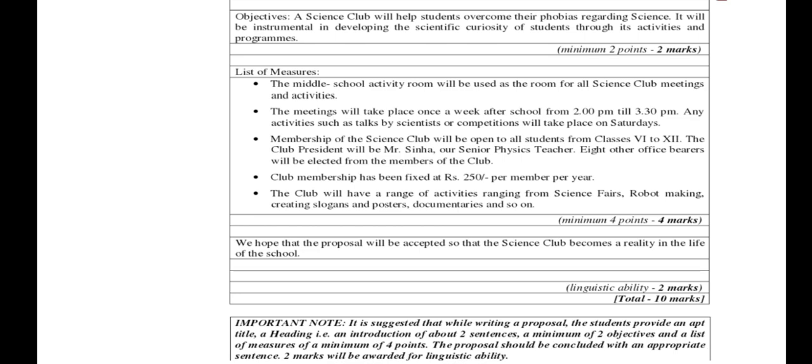Science is very tough, with a lot of calculations, chemical equations and diagrams. So to overcome that phobia, we are developing this interesting science club so that children can take science as an interesting subject. This again would be 2 points maximum and 2 marks.